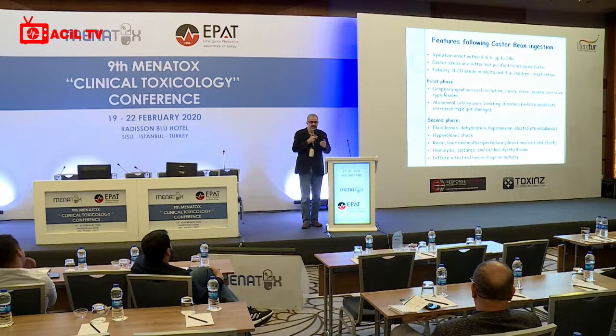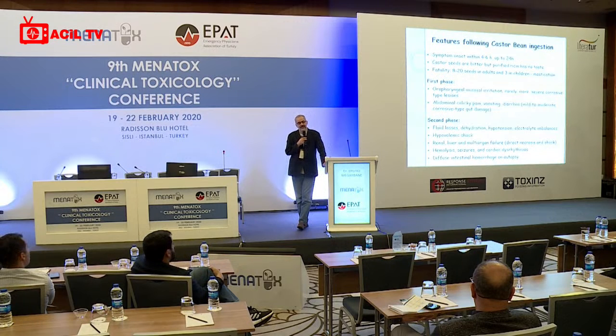Normally, the seeds are relatively bitter, but to have toxicity, you have to masticate. So it is not so easy to masticate the seed. And it is estimated if you masticate the seed, then 3 seeds are enough to kill a child and 8 to 20 to kill an adult.